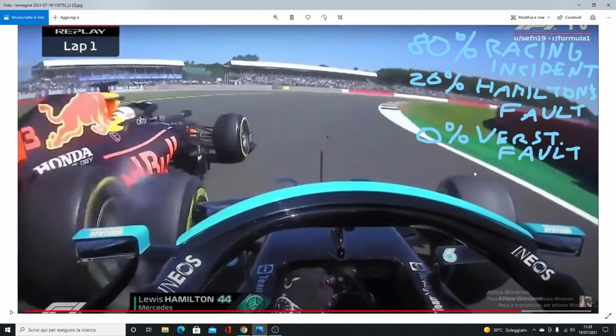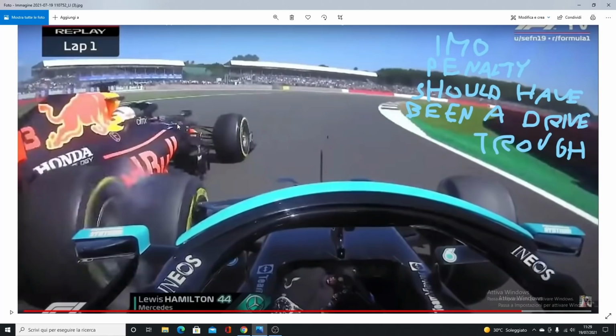And regarding the post crash, I think the penalty should have been a drive-through, because I know penalties should be the same for everybody, but these are two championship rivals.